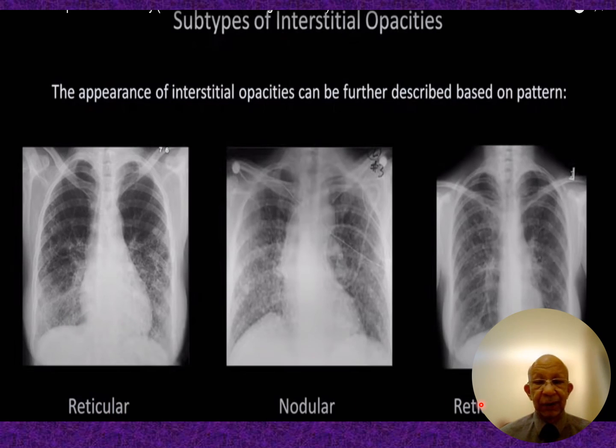Nodular you see, for example, in rheumatoid arthritis, nodular rheumatoid arthritis. And you can see also nodular infections like fungal and tuberculosis, right? So the interstitial patterns are of three types: reticular, nodular, reticulonodular, okay?